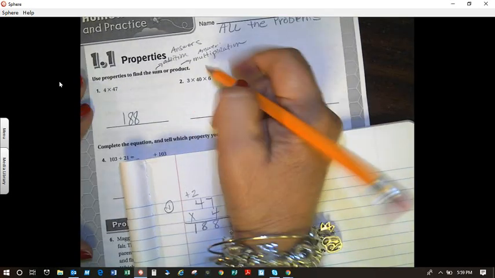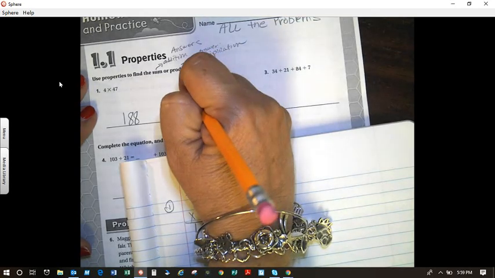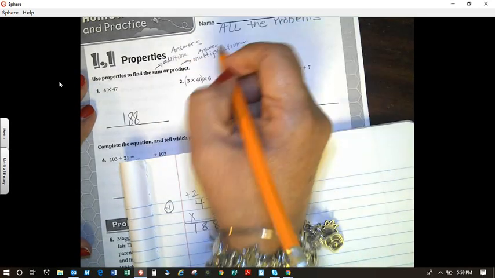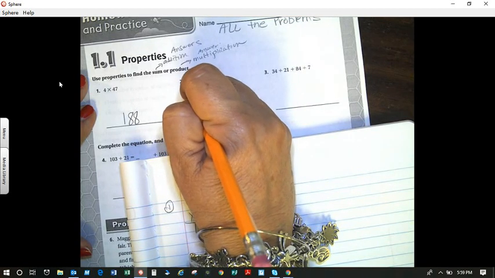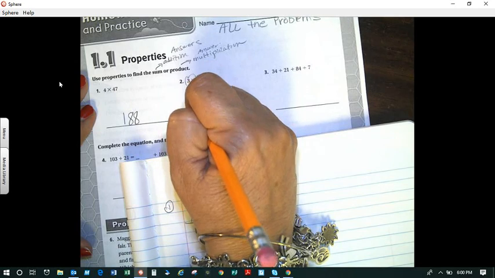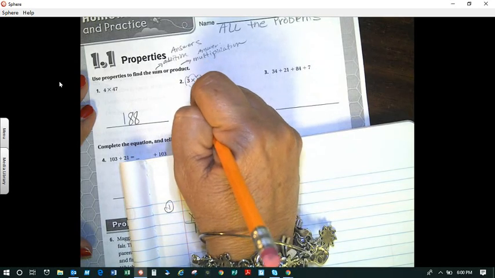The second one, it's where do you want to put your parentheses? I can put my parentheses here, and I can multiply 3 times 4, and that gives me 12, and I have my 0, bring that down.